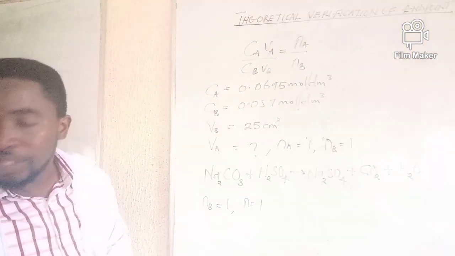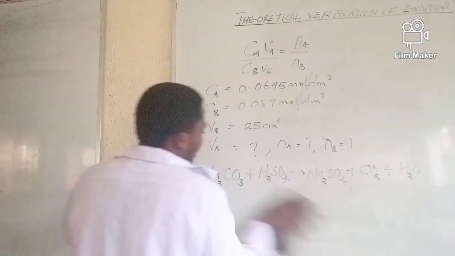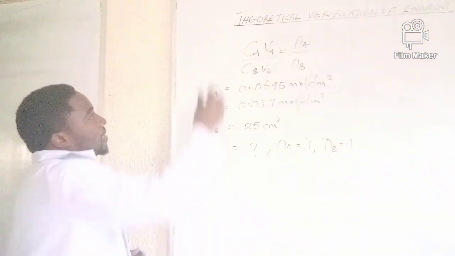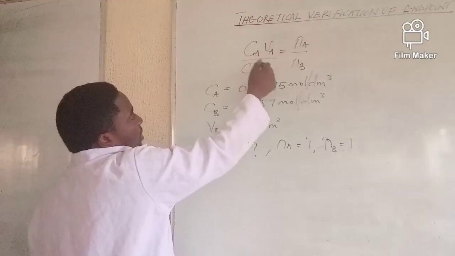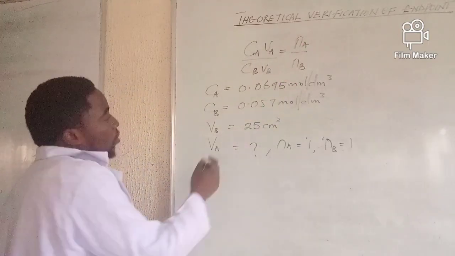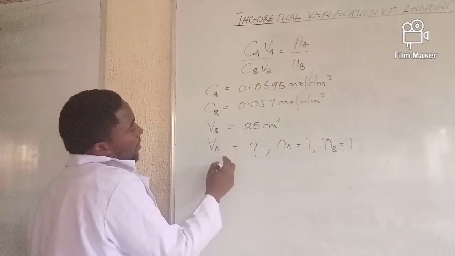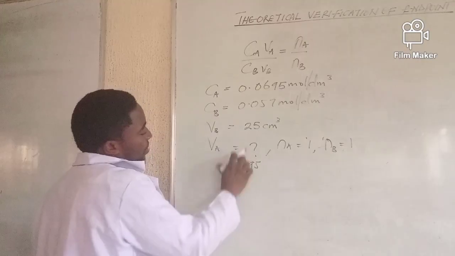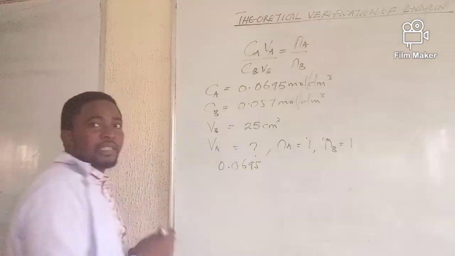So now I can substitute in my formula. The formula is CAVA over CBVB, and that's equal to NA over NB. So we are substituting now. CA is 0.0695.